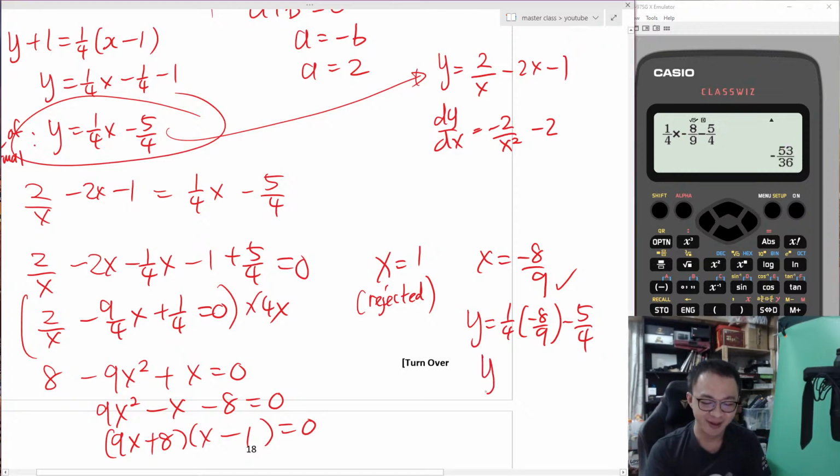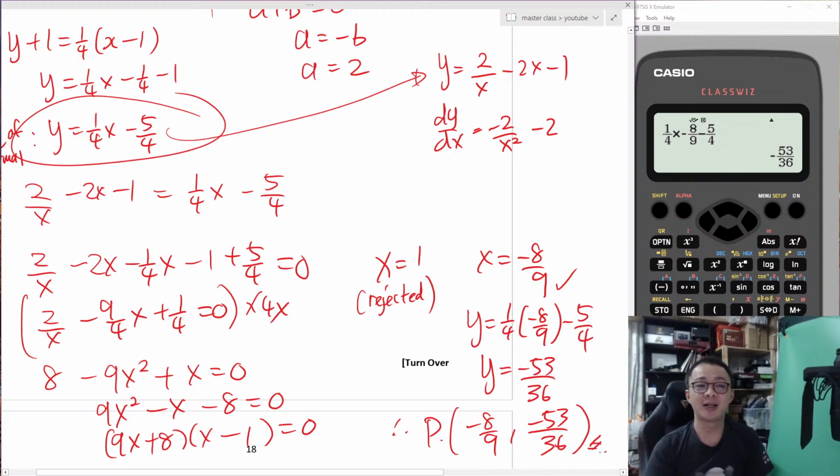Alright, it's extremely weird, but I guess it's the coordinate Q. No, coordinate P. Negative 8 over 9, the 3 dots should be here, and negative 53 over 36. Right, this is how we get the coordinate P.